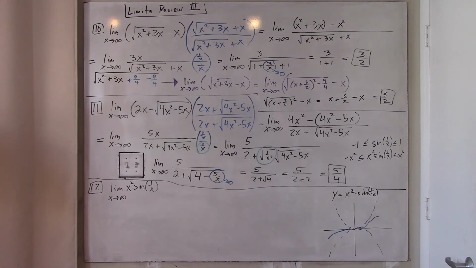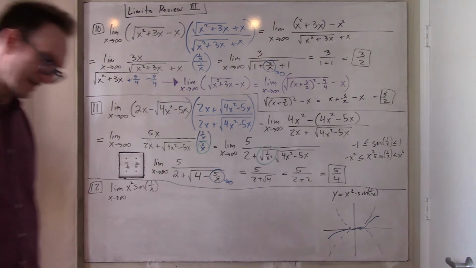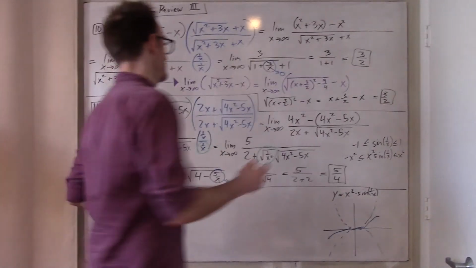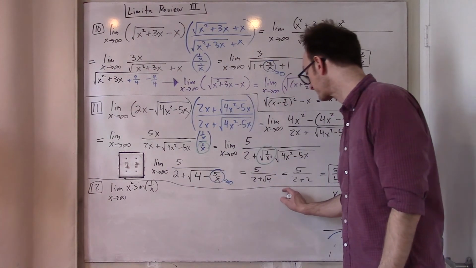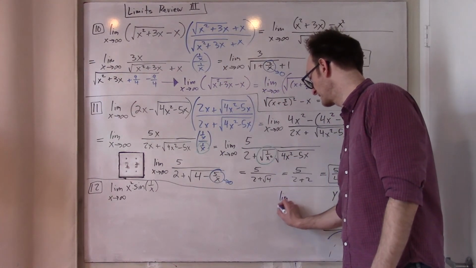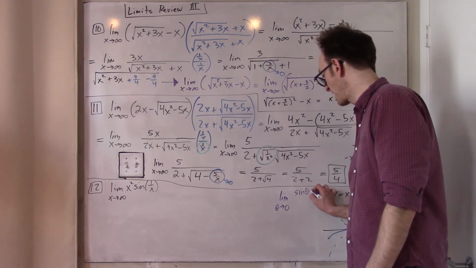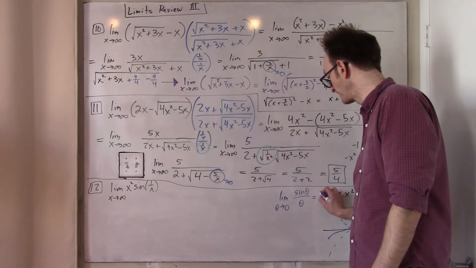The informal way to do this is to recognize that there's really only one thing that I know. The one thing I know about sine is that if you take the limit as theta goes to 0 of sine theta over theta, that's 1.